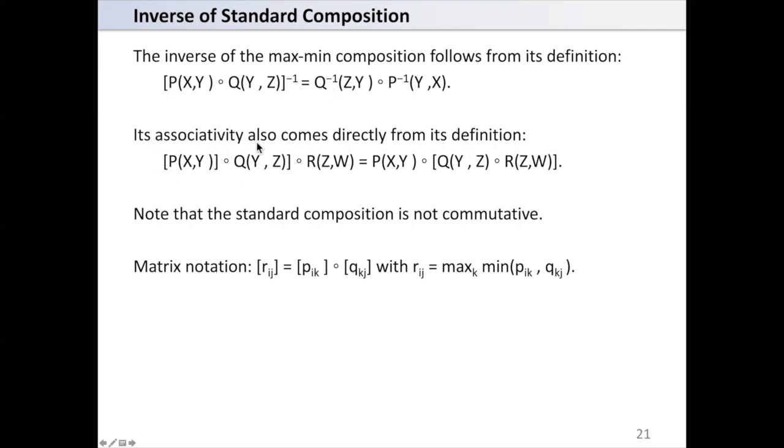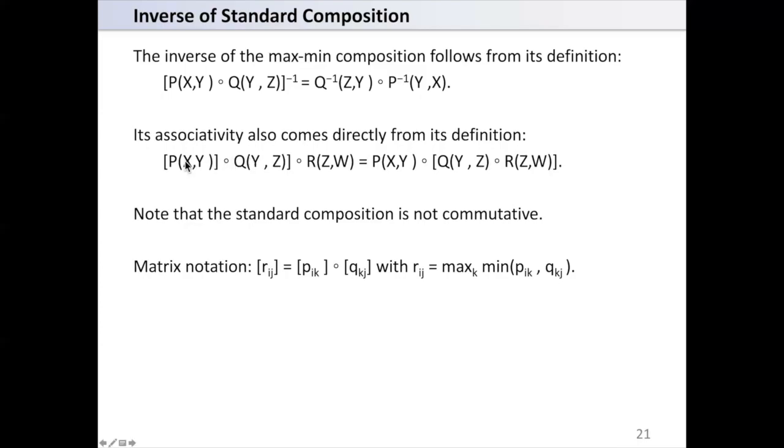Its associativity also comes directly from its definition. If we apply standard composition first between P and Q, and then standard composition with R later, this is equivalent to first applying the standard composition between Q and R, and then standard composition with P on the result of this.